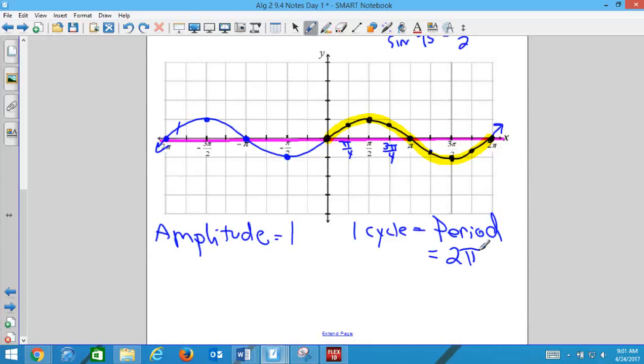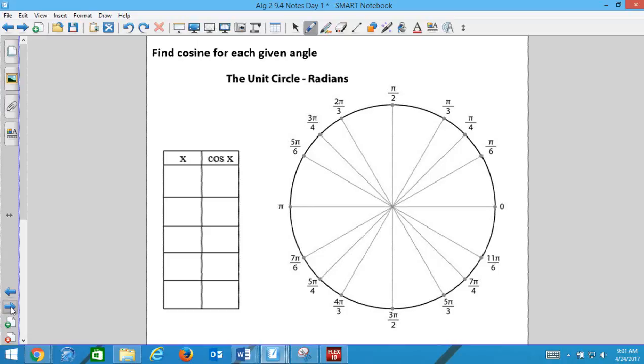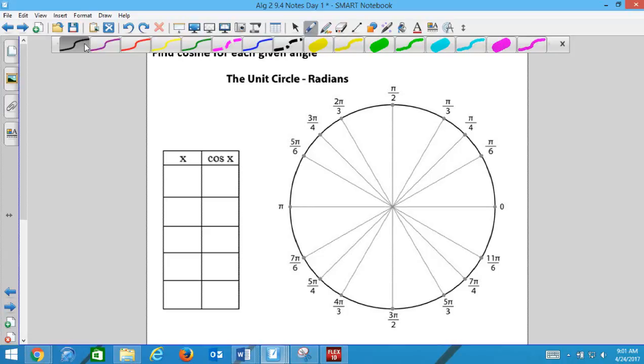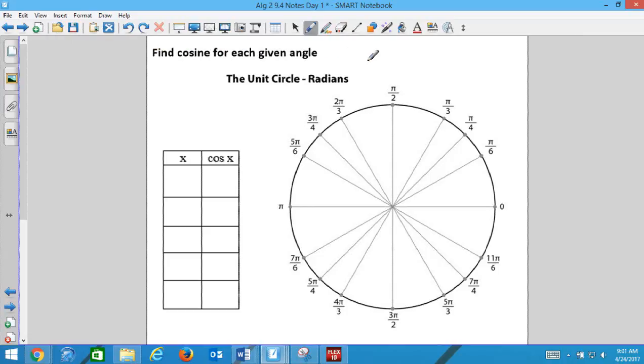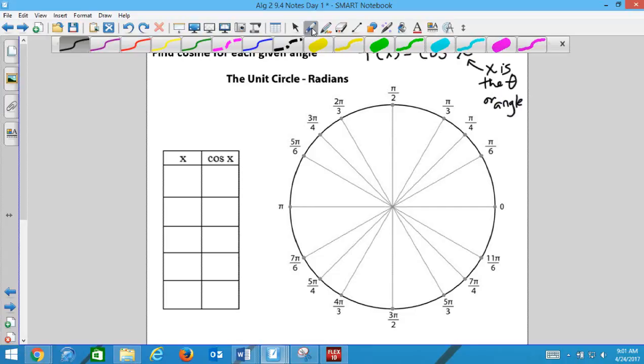All right, when you got that down, turn the page. Let's do cosine. For cosine, cosine is always the which of the two?